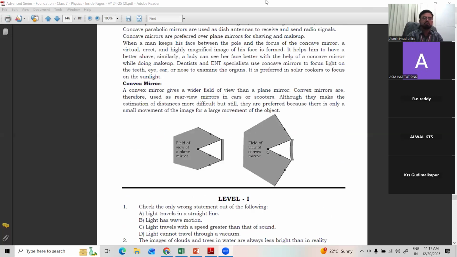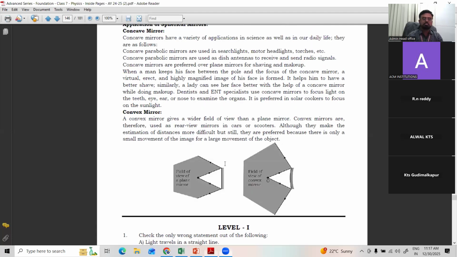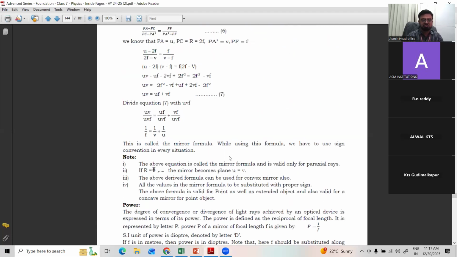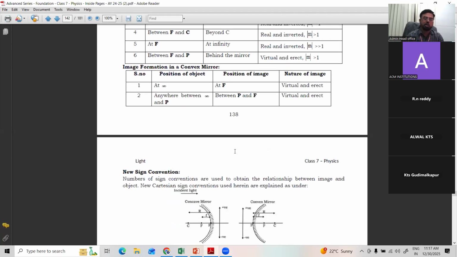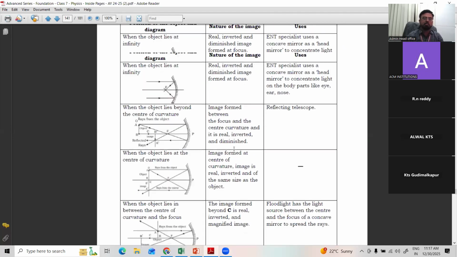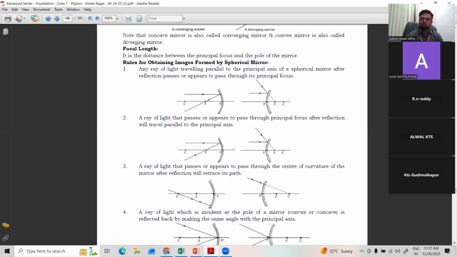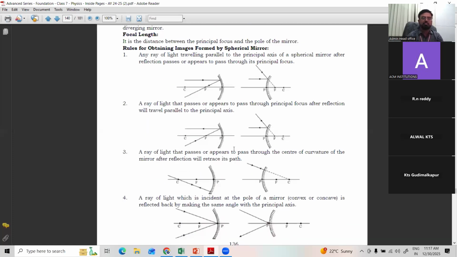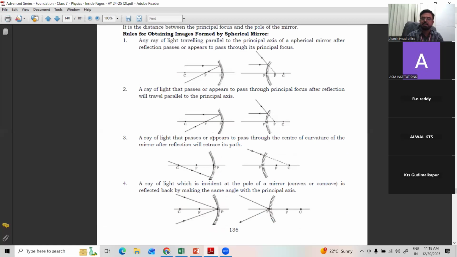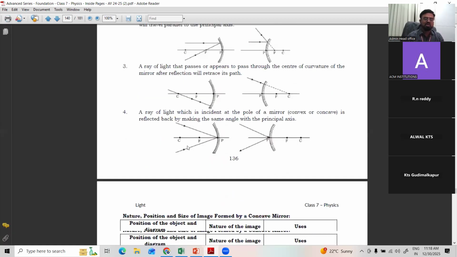Clear, all of you? So today we learned about two important topics along with a video. One is the rules for obtaining the images formed by both convex and concave spherical mirrors. There are four rules, which you can understand in a very simple way, because I showed them through video also.